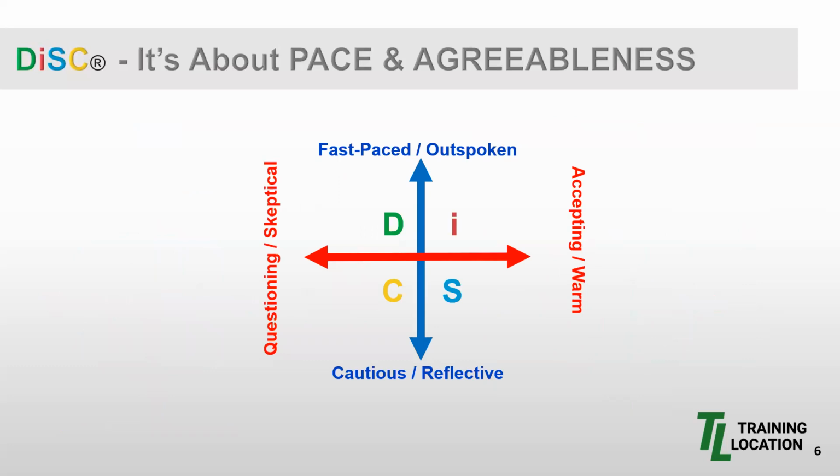In the grid shown, you would consider one style or language as you prepare to interact. For example, we know that a D or dominant comes from a faster, more outspoken pace combined with a questioning and skeptical agreeableness. So when the D needs to interact with an S, the first thing the D considers is that the S has a cautious, reflective pace combined with an accepting and warm agreeableness.